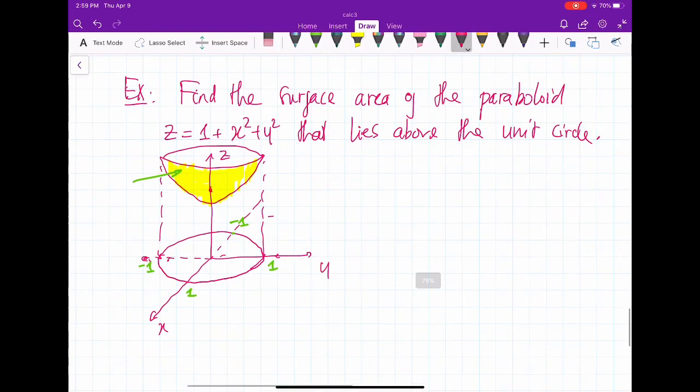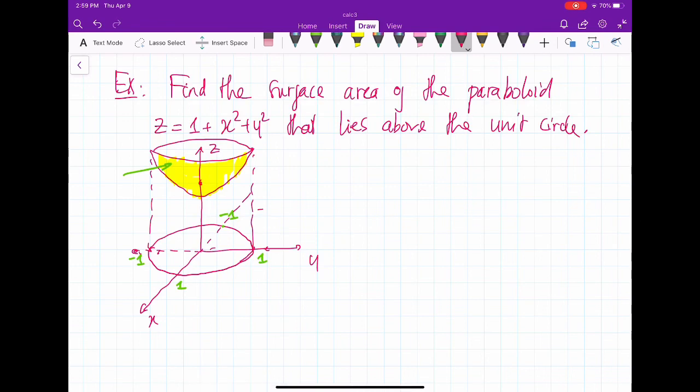Again, we need to apply the formula. The area is equal to the double integral on R of the square root of 1 plus fx squared plus fy squared dA.